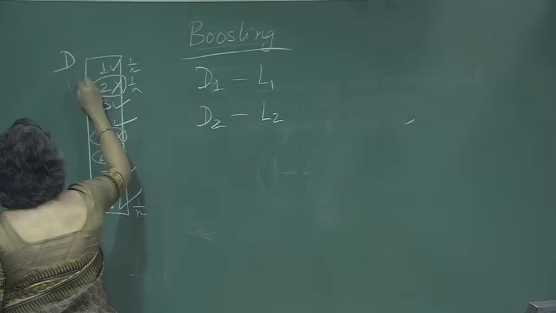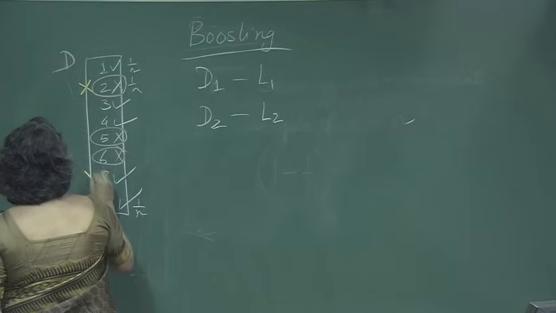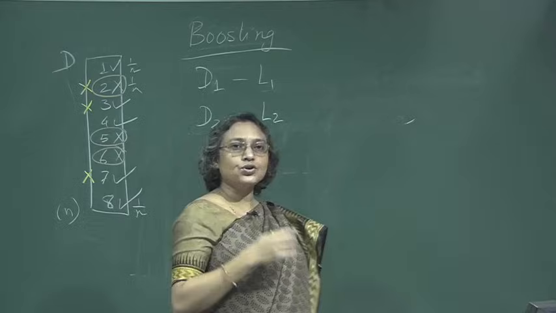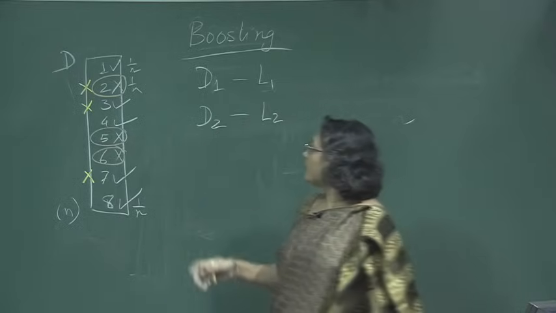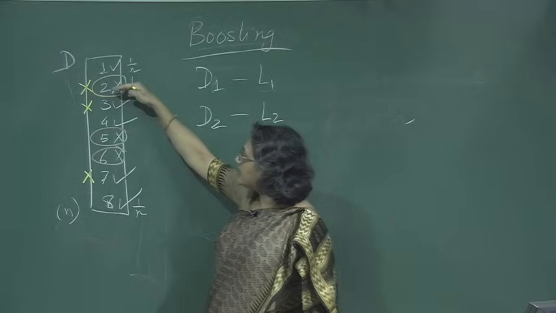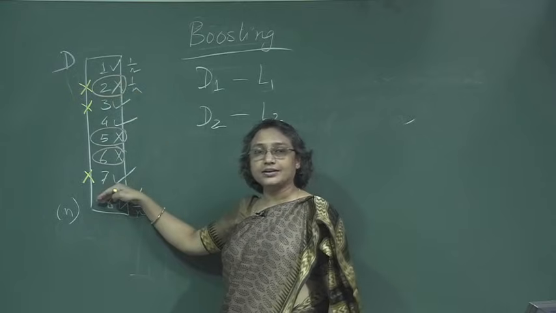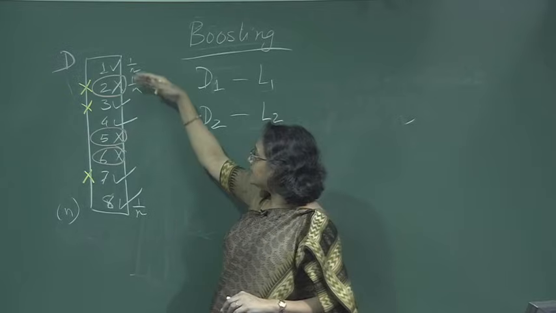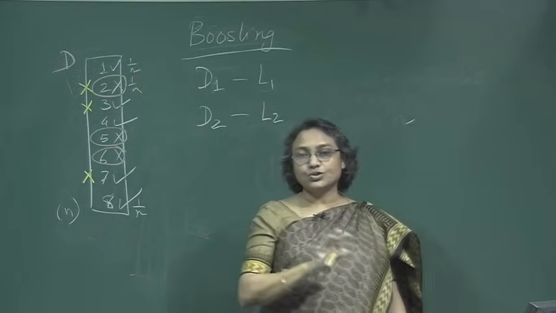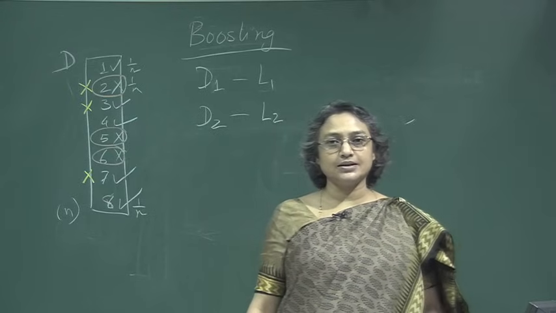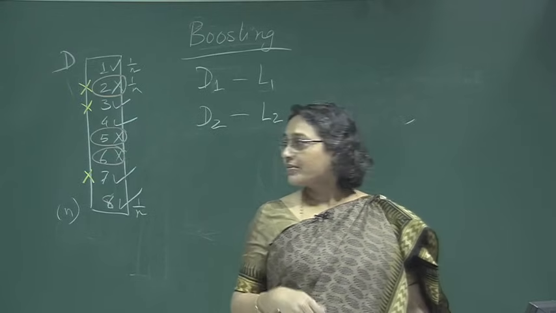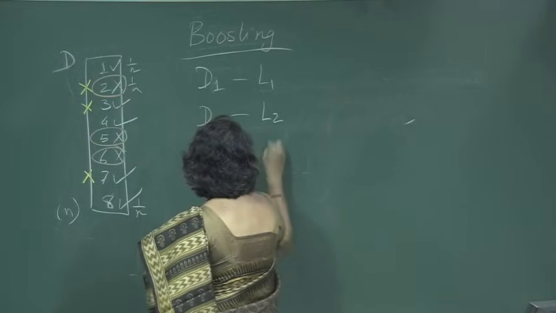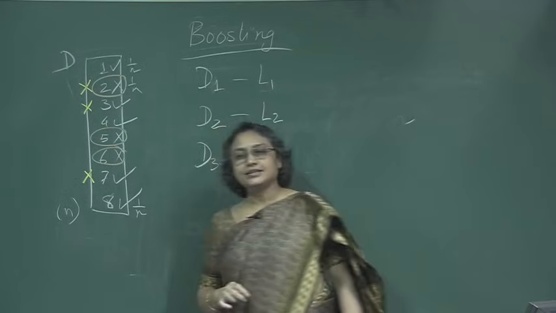Suppose L2 wrongly classifies 2, 7 and 3, and the rest it does correctly. So, what we are going to do now is increase the probability of 2, 3 and 7 beyond the current probability, and reduce the probability of the rest to keep the sum of the probabilities equal to 1. Okay. So, based on that, we are going to find D3, on which we are going to train learner L3. Like this we will go on.